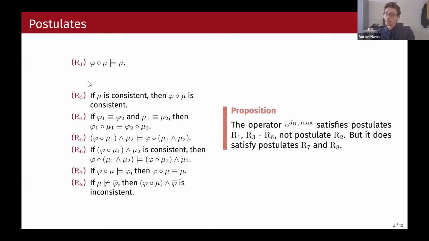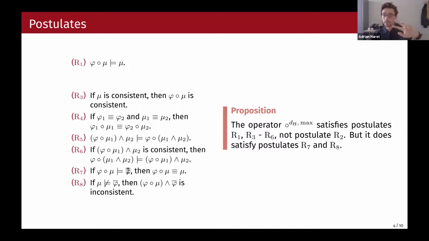The max operator satisfies all of the standard Katsuno-Mendelzon ones except R2. So R2 says that if the new information is consistent with prior information, then the result is the conjunction of the two. The max one doesn't satisfy this, but it does satisfy two different postulates. These postulates contain this bar phi, which is the dual of phi.